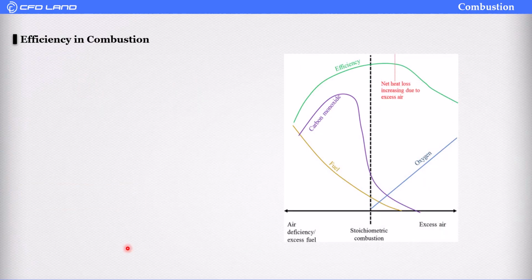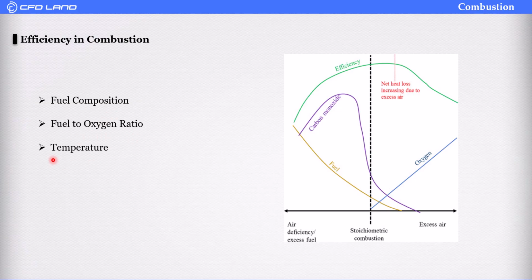Different parameters affect and influence efficiency in combustion, including fuel composition, fuel to oxygen ratio, temperature, pressure, mixing quality, flame shape, and stability.